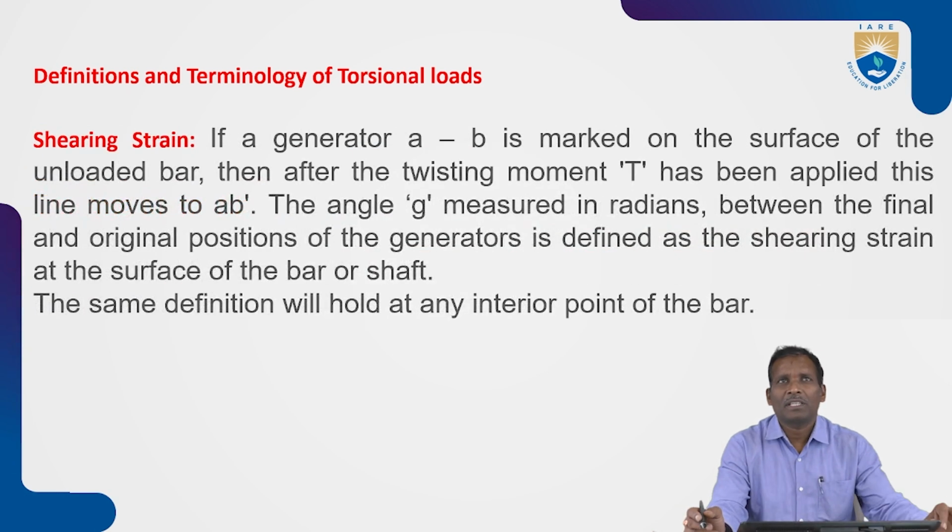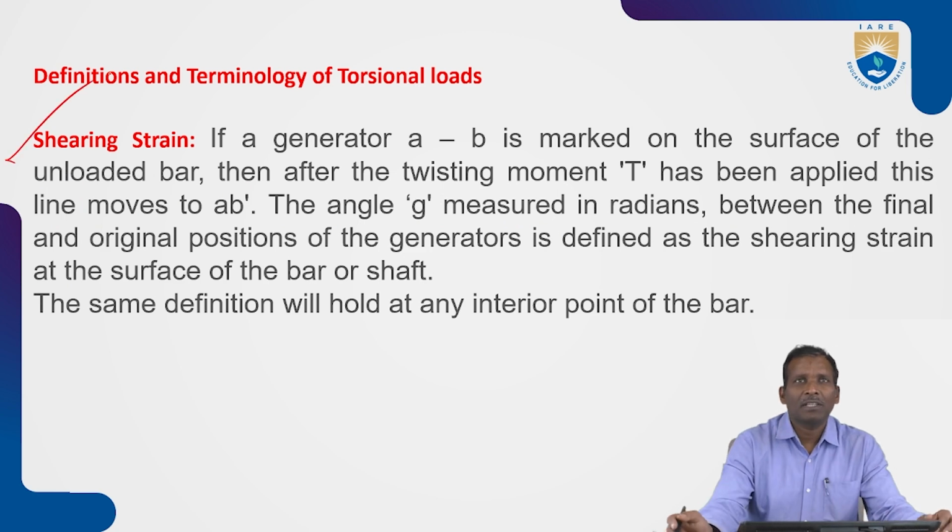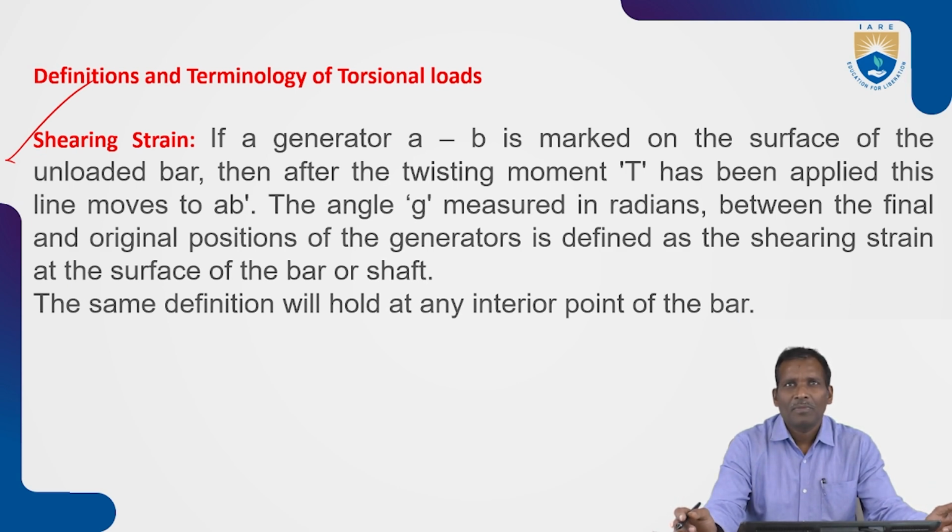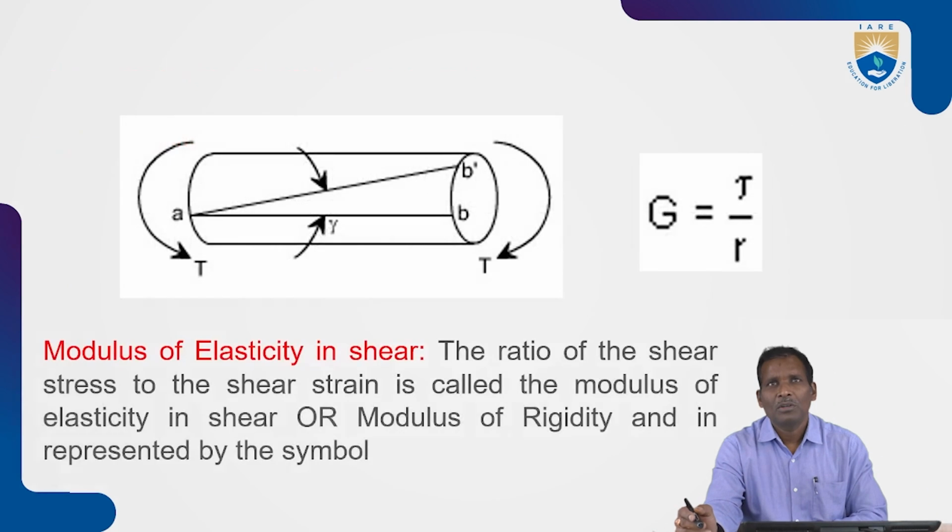So what do you mean by shearing strain? Next definition. If a generator AB is marked on the surface of the unloaded bar, then after the twisting moment T has been applied, this line moves to AB dash.